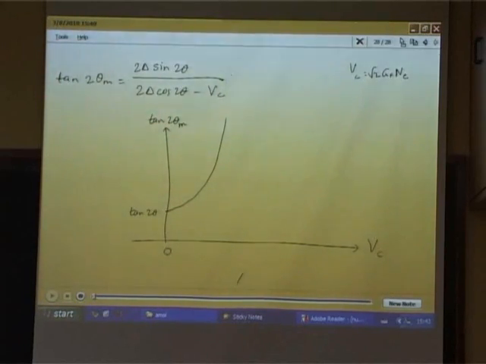So as VC goes to infinity, this quantity will be very small but negative. Do people agree with this? This is positive, negative. VC is large, which is almost 0. So it starts with this infinity and comes down.